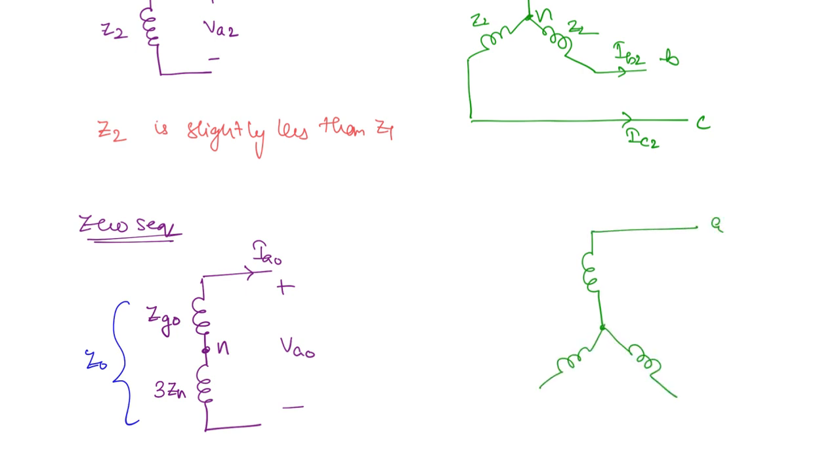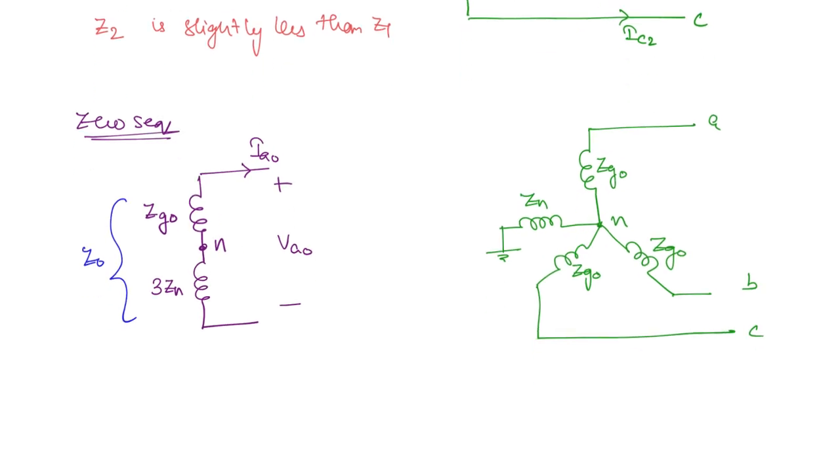This is phase A, B and C. Now if this is the neutral, then you are going to have the neutral impedance here, Zn. And this is ZG0. Write it down here, otherwise you will get confused. ZG0 is the zero sequence impedance of the machine.